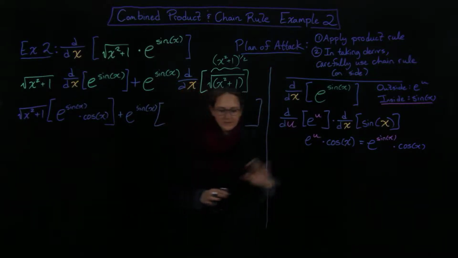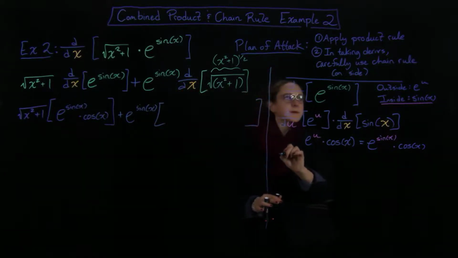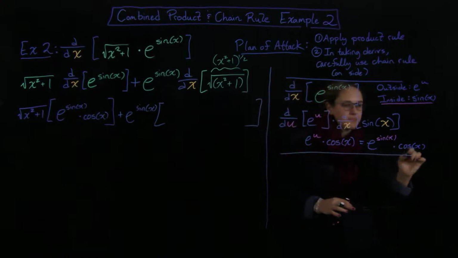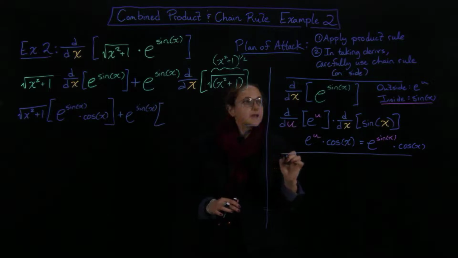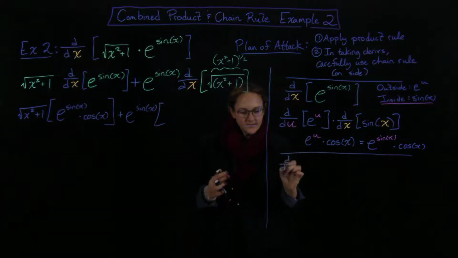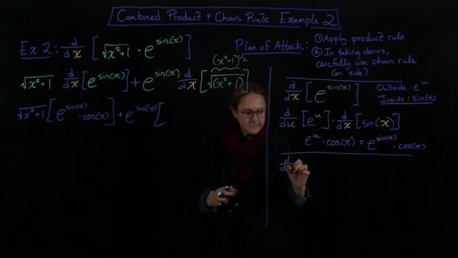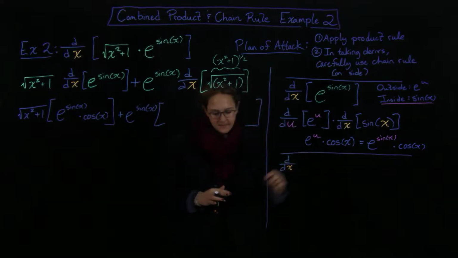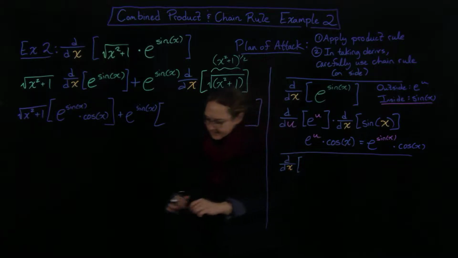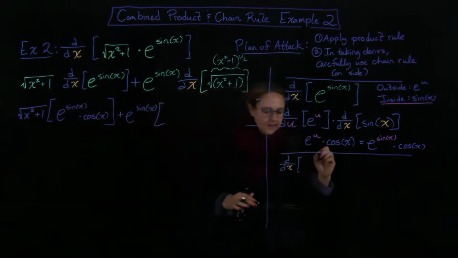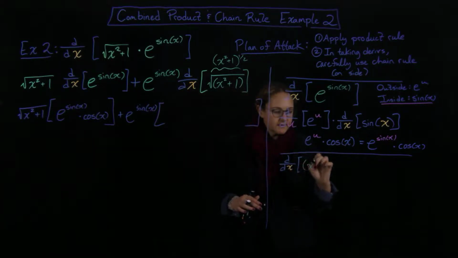Okay, so let's go ahead and use the chain rule on this one. So if I want to take the derivative with respect to x of my function here, I have x squared plus 1 to the 1/2.